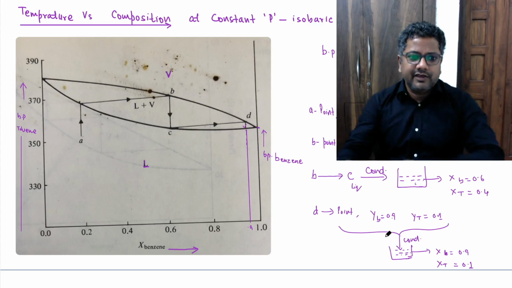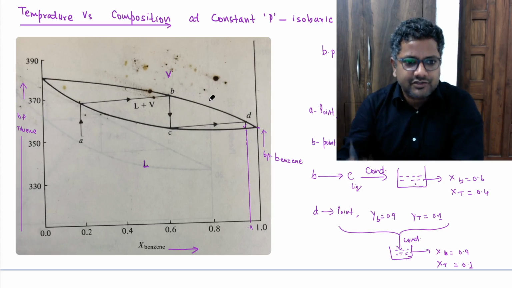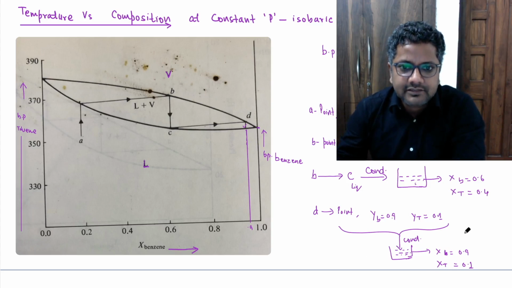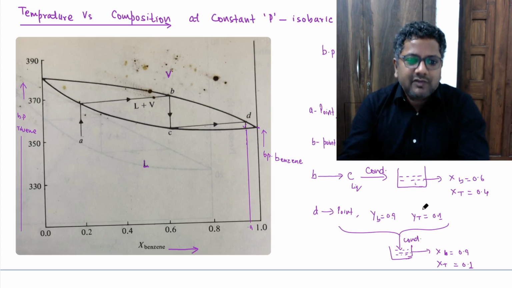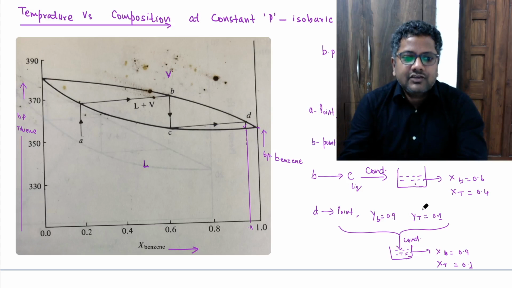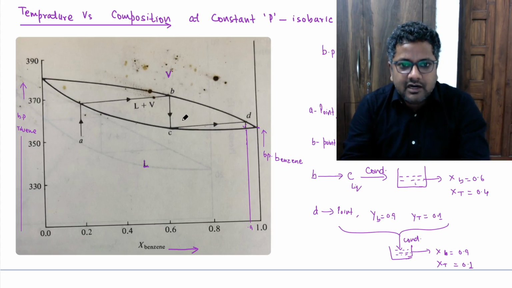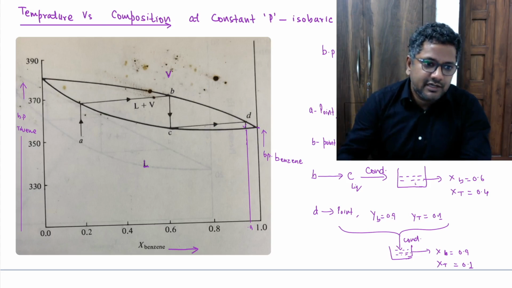So in this way, if you repeat again and again, one component becomes pure, right? So this is the concept of fractional distillation. Hopefully all of you are clear in this concept, how distillation is carried out for ideal mixtures, right?